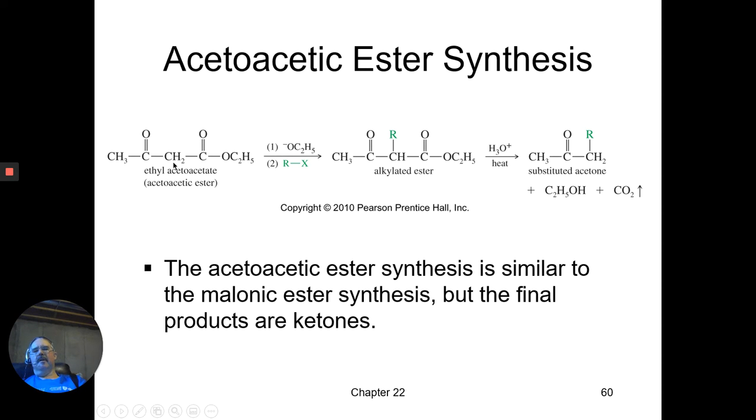Okay, so we remove one of those alpha hydrogens, we do the alkylation, and when we hydrolyze and heat, again, we lose carbon dioxide from the carboxylic acid. And so our product is a substituted acetone.